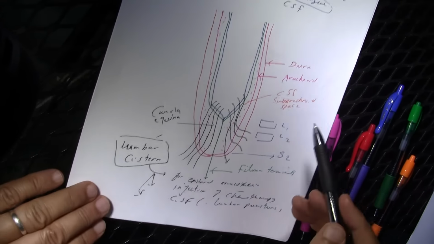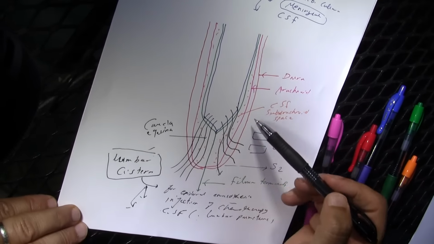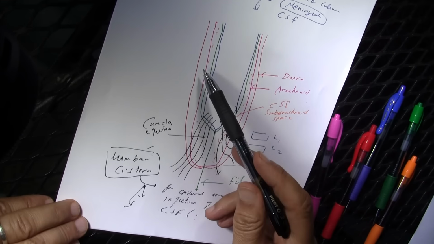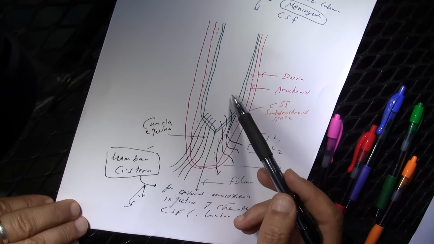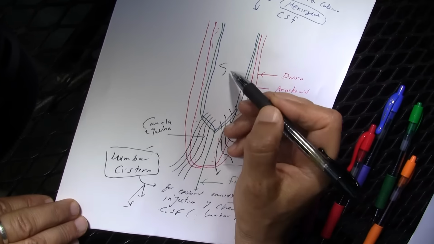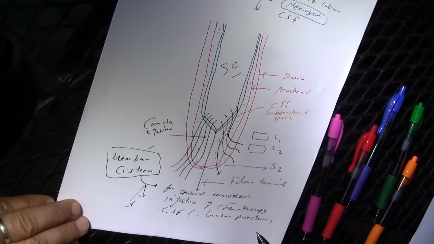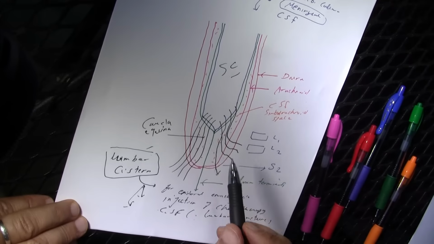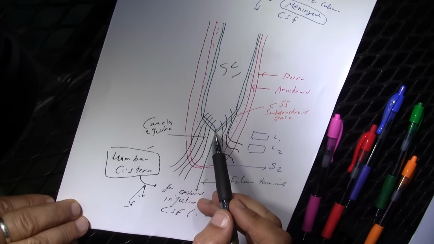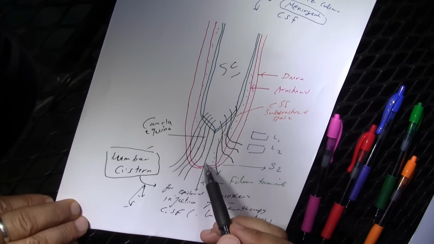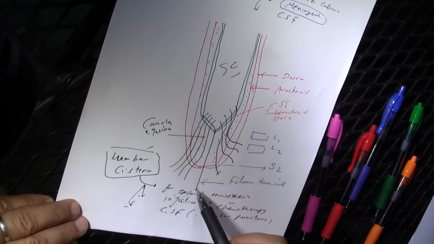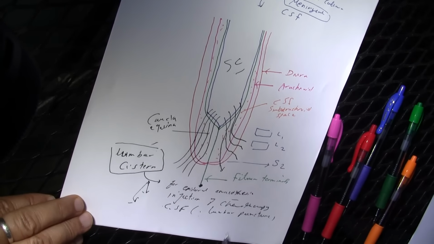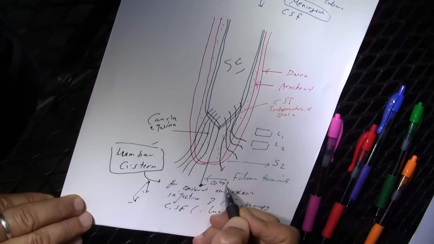As I told you, the dura or meningeal covering extends to support the position of the spinal cord. This is the spinal cord. How is its position supported? The spinal cord is not floating through the vertebral canal. It is fixed down here to prevent horizontal displacement by the filum terminale. Filum terminale extends to the coccyx, attached to the coccygeal segment.